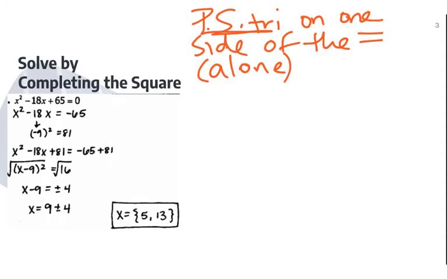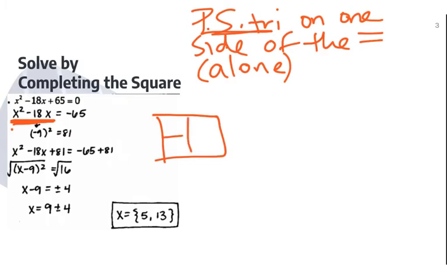The important thing is that that perfect square trinomial is all by itself on one side of the equal. Okay, so we look at this, and I just want x squared and the x term on the same side of the equal sign. Remember, the whole goal is to make this into a perfect square trinomial, and it's not yet.